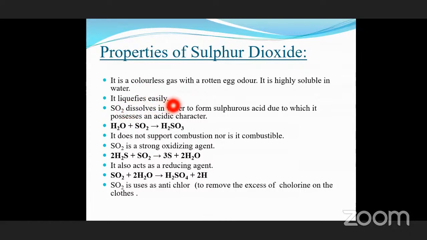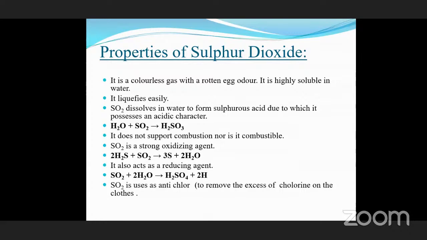There are no other forces involved. Then the third point: SO2 dissolves in water to form sulfurous acid, due to which it possesses an acidic character. That means sulfur dioxide easily forms an acid due to the presence of acidic character.